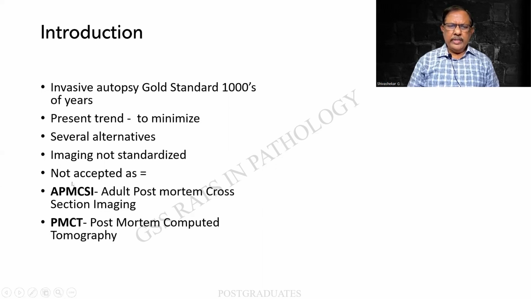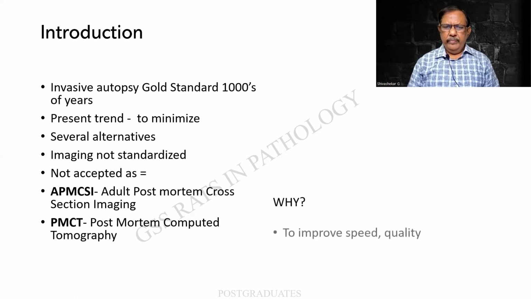There are a few concerns which are working with it. And I would like you to be familiar with these terminologies: adult postmortem cross-section imaging and postmortem computed tomography. This is what we are going to use in today's class. Why?